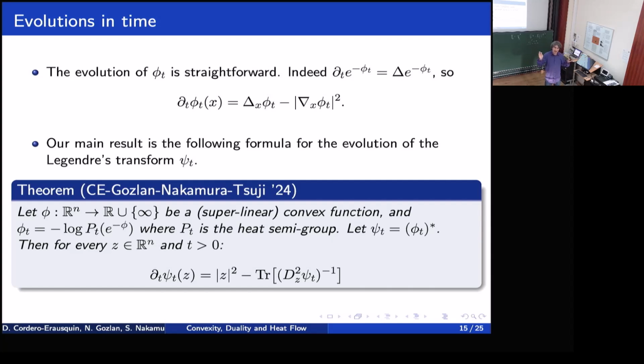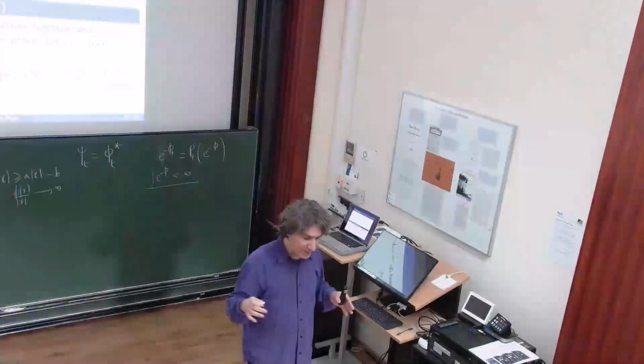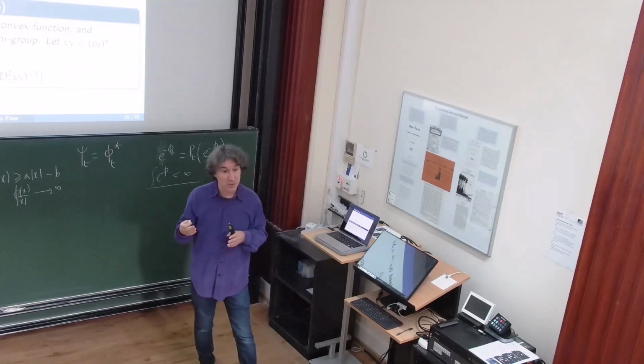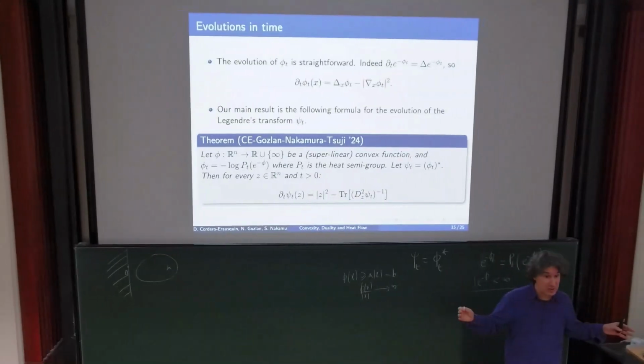And here I'm asking slightly more. You already know this is automatic, right? Because it's a convex function that tends to infinity. Here I'm asking that phi of x over norm of x tends to infinity. This is what I call superlinearity. So if you do that, this guarantees that the Legendre transform has domain which is equal to R^n.